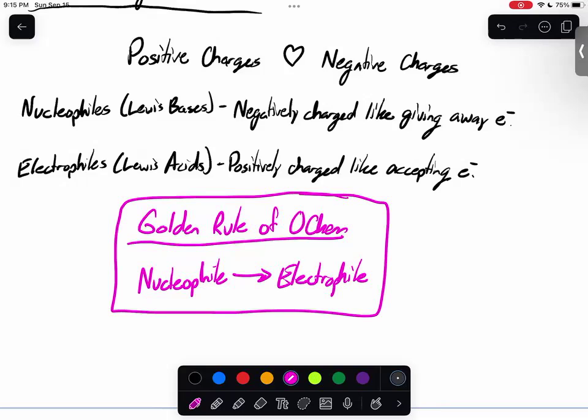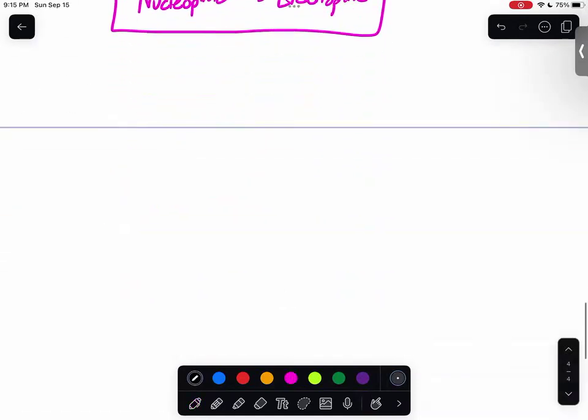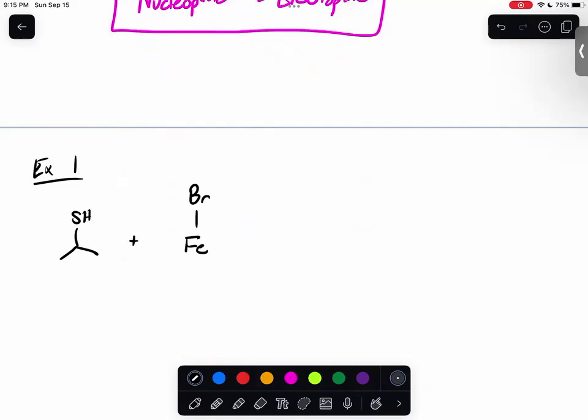Okay, so let's look at another Lewis acid-base reaction, another couple, and we're going to start defining things as nucleophiles and electrophiles. So let's go into another example. All right. So in this reaction, we see that, hey, look, it's iron, right?